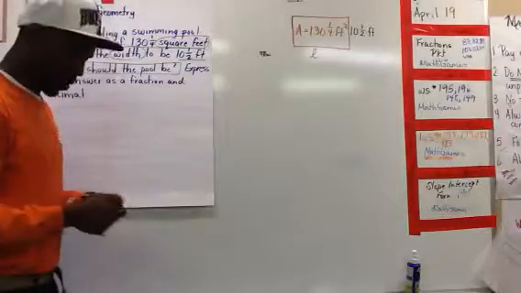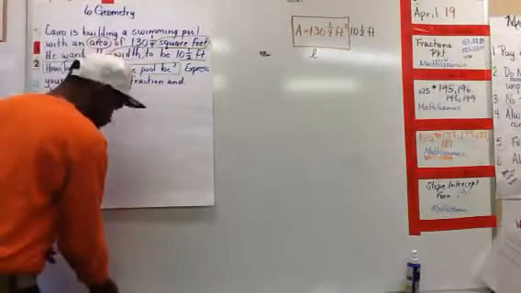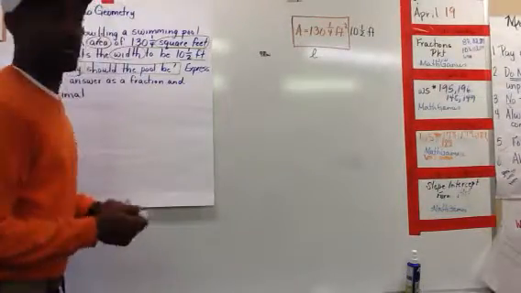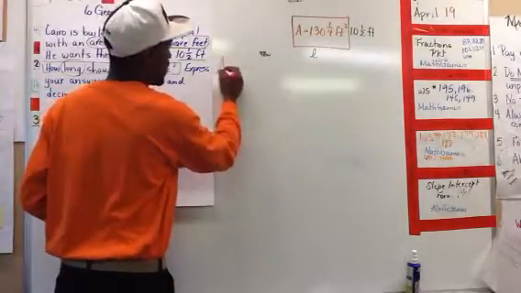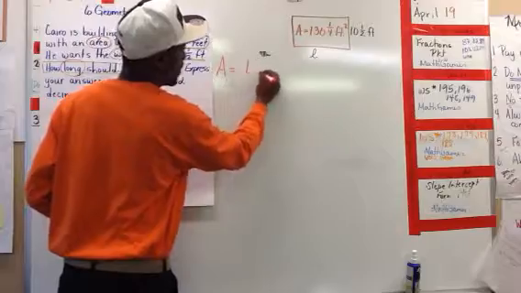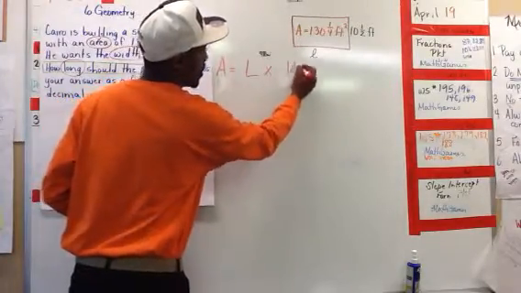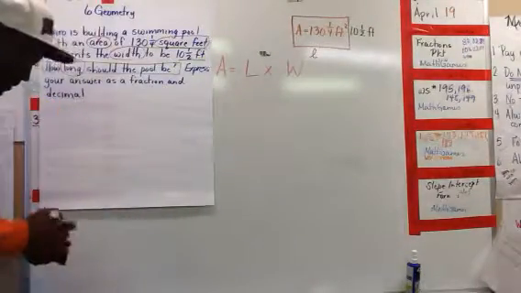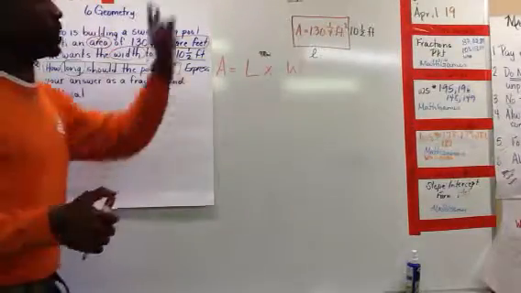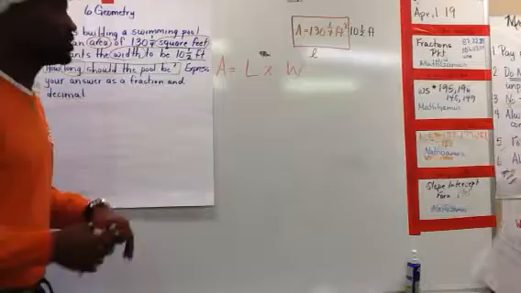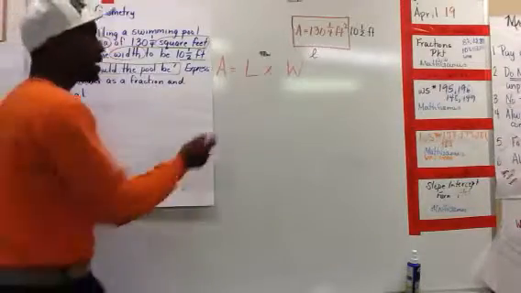But I do know that if I'm working with area, I need a formula. I need A equals length times width. I also know that I need to substitute whatever the problem gives me into my equation so I can find the missing piece.